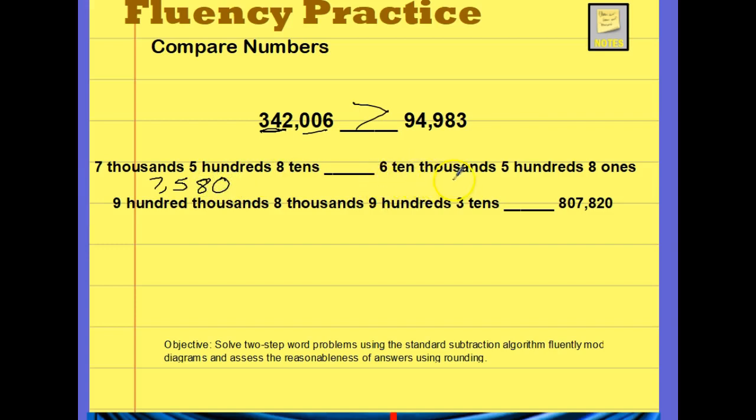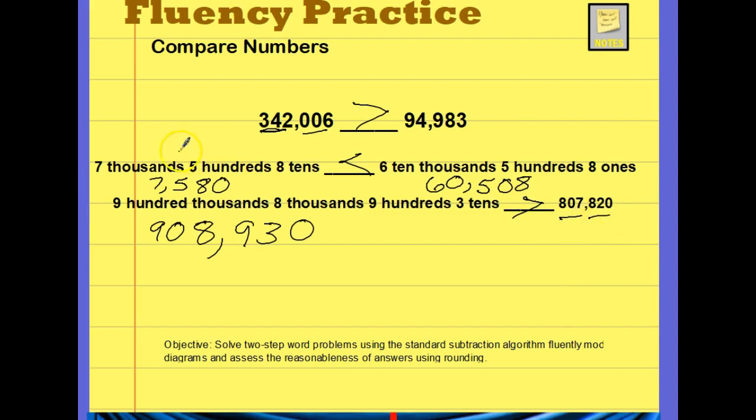This is 6 10,000s, so that's 60,508. So that's definitely greater than 7,000. And then we have 908,930 is greater than 807,820.